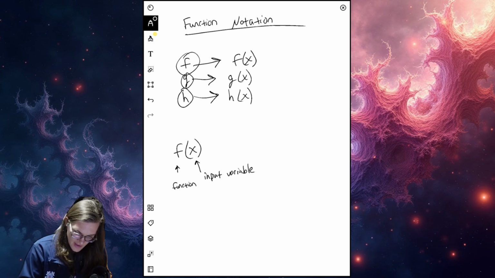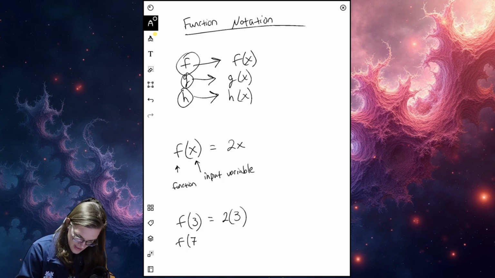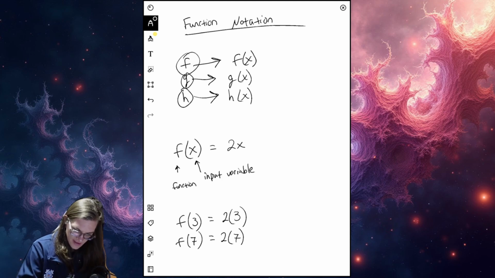So if you have f of x equals 2x, this function on the left side of the equal sign is defined here as 2 times x. That means for this function, f of 3 equals 2 times 3, f of 7 equals 2 times 7. It's saying, whatever the input variable is, this is how you should expect the function to work.